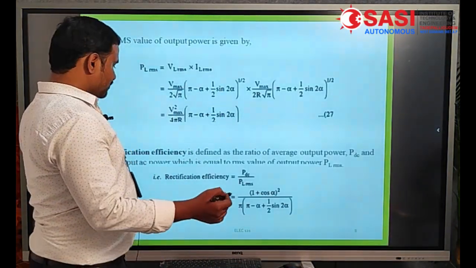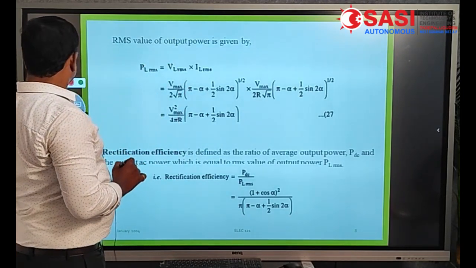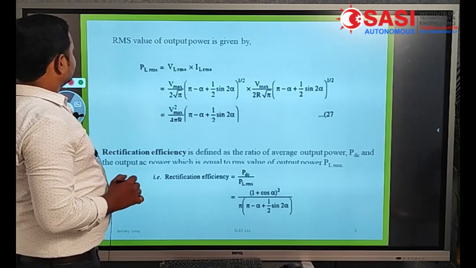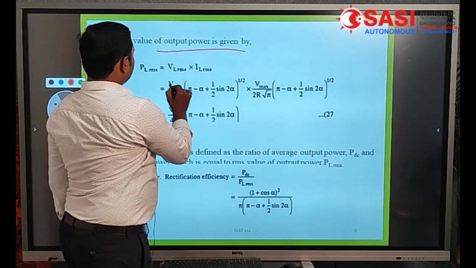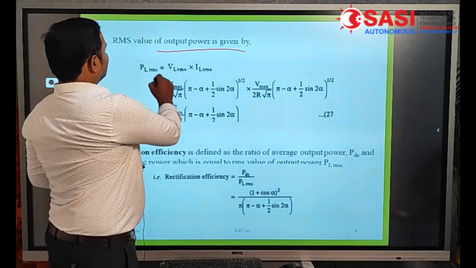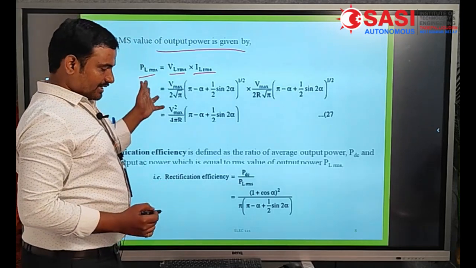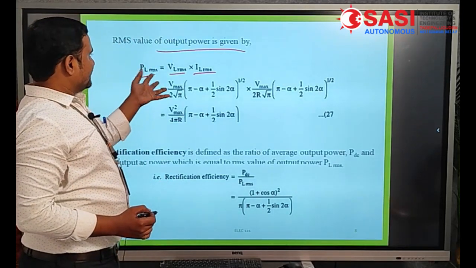So next, the RMS voltage. In a similar way we can write the power at the load in terms of RMS value. So VRMS into IRMS, that means the load voltage and load current.